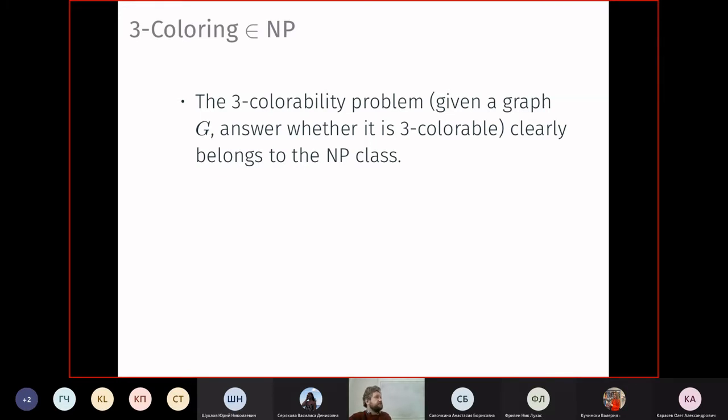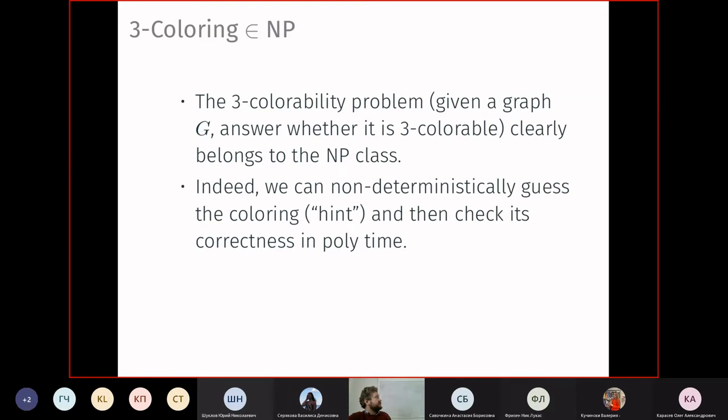And this is easy because you can just non-deterministically guess the coloring and check its correctness. So each time the algorithm starts like that. We'll take the first vertex, we'll color it randomly, then we take any other vertex and we color it randomly, unless it is connected to the first one, then we should choose another color, and go on and on.